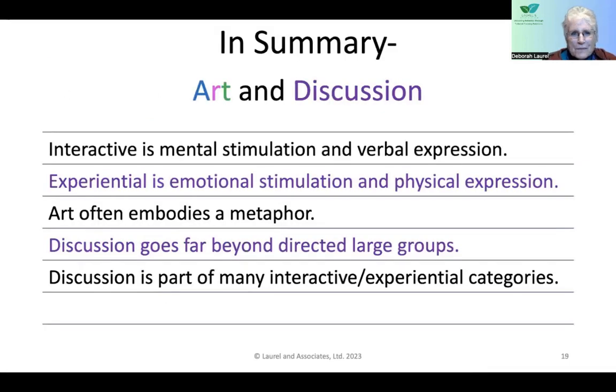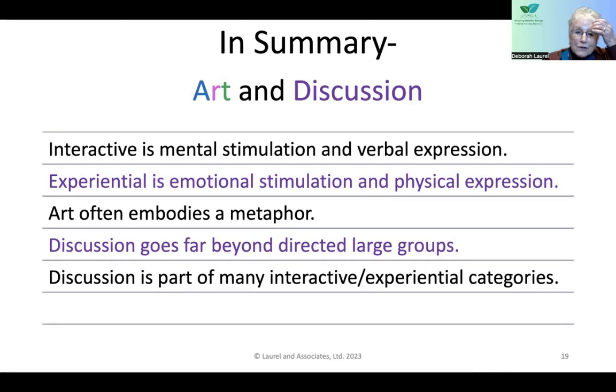In summary, art and discussion. Interactive learning activities stimulate us mentally, and we have an opportunity to verbally express what we think or feel. Experiential learning activities stimulate us emotionally, and there's some physical component typically.